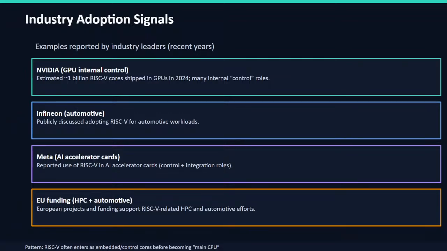Again, often in control and integration roles. The pattern is important. RISC-V is already common as the brain behind the scenes in larger systems, and it's expanding upward from here.